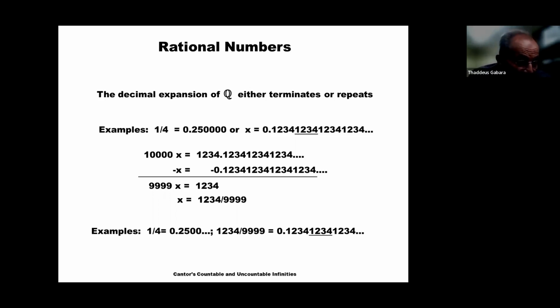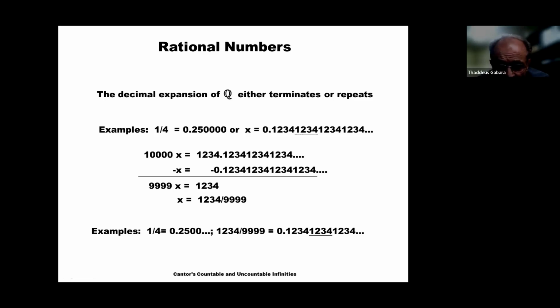And you can always get the rational number from the repeating fraction. If you take a look at the repeat, this is the tens, hundreds, thousands, 10,000 position. So if I multiply x by 10,000, I move the decimal point over 4 positions.